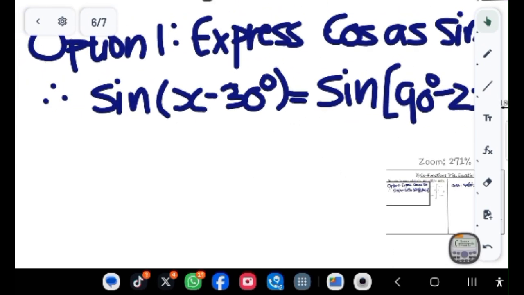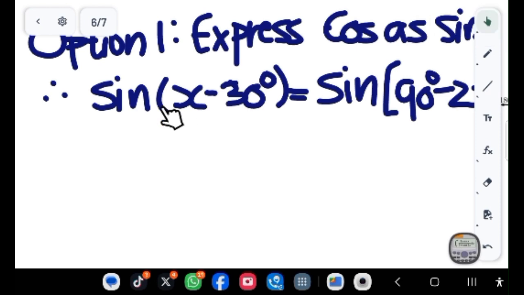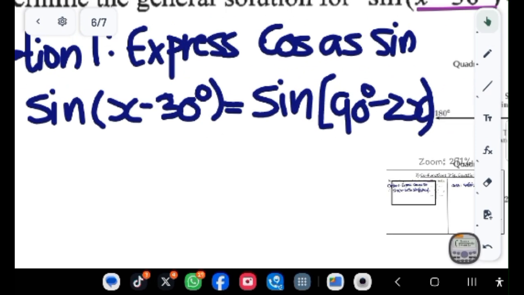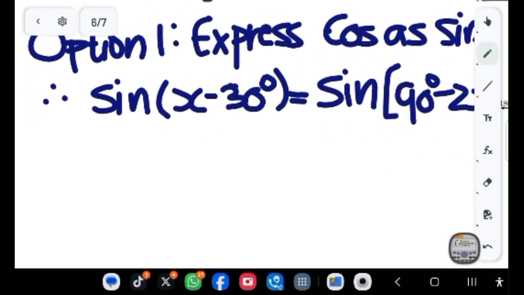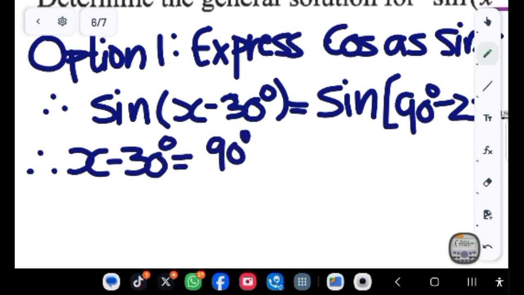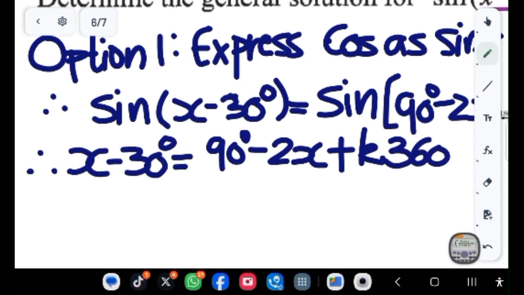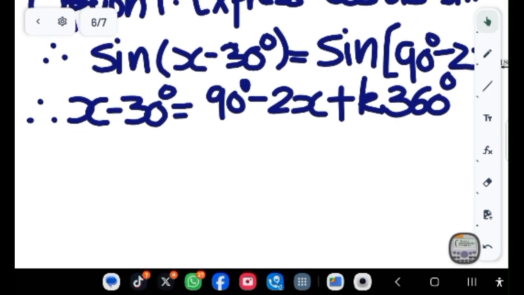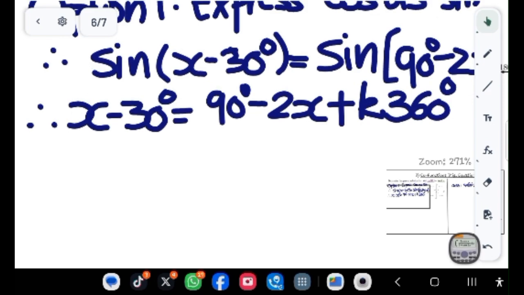So now we've got the sine of one angle equals the sine of the other angle. That means, therefore, the angles are equal. If the sine of one angle is equal to the sine of the other one, then the angles are equal. So that will be 90 degrees minus 2x plus, and then we put the periodicity, k times 360 degrees, where k is an element of integers.